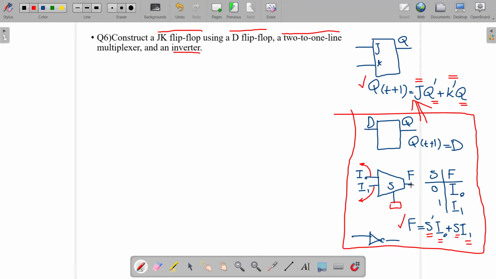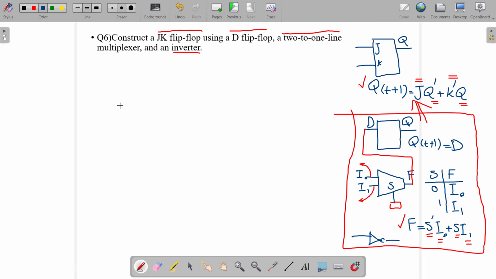And at the end, if I connect the output of the multiplexer to the input of the D flip-flop, because Q(t+1) is equal to D, this F will move to the output.